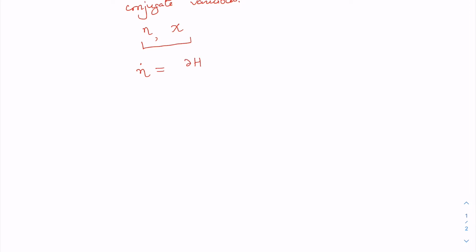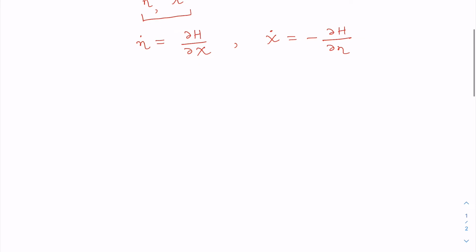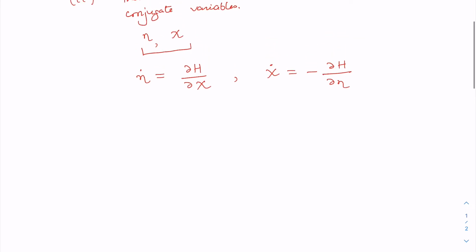So say eta satisfies del H by del chi, and chi has to satisfy minus del H by del eta, or vice versa. Then eta and chi would be called canonically conjugate variables. Once I find out the canonically conjugate variables, it is also easy to find that they satisfy the Poisson relation of this type: the Poisson bracket of eta and chi is equal to 1.